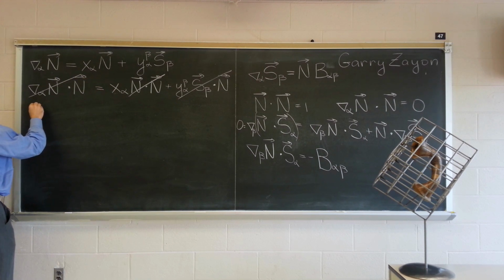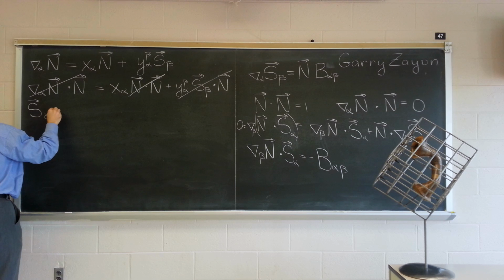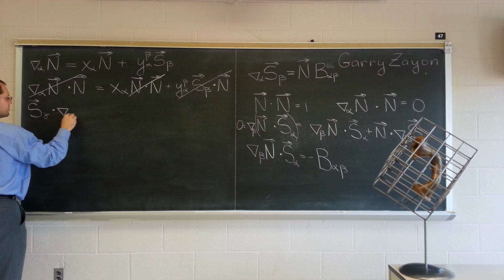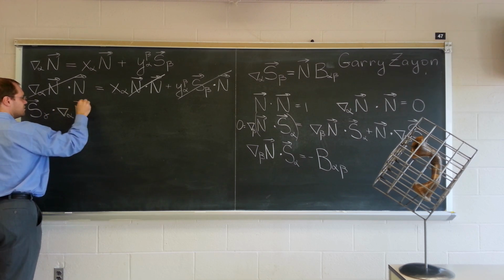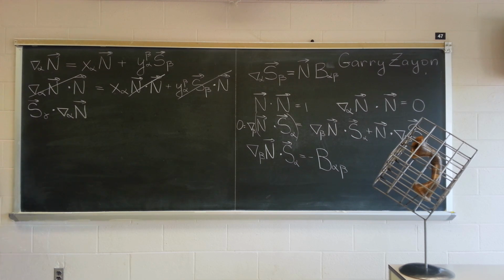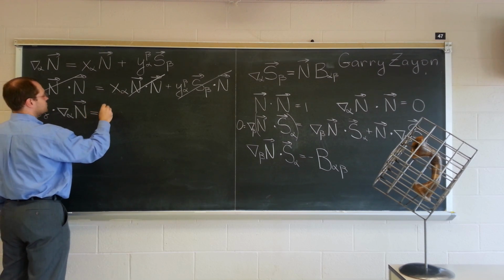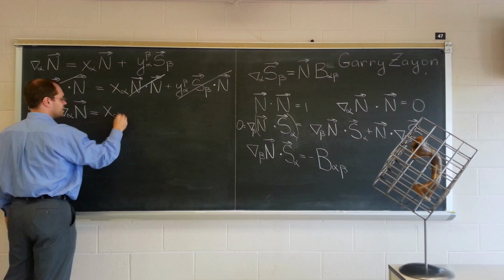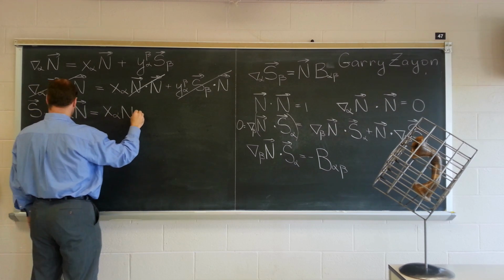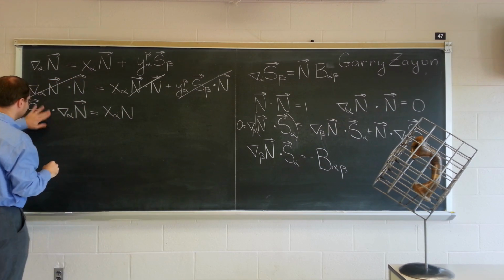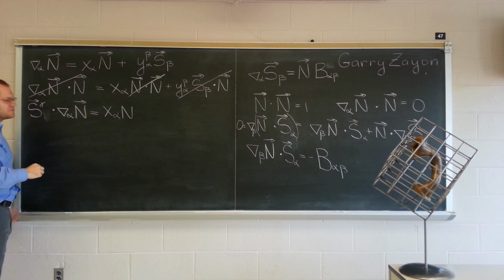So we'll have S gamma dotted with grad alpha n equals x alpha times the normal, and like I said, I'll take the contravariant one just for convenience.